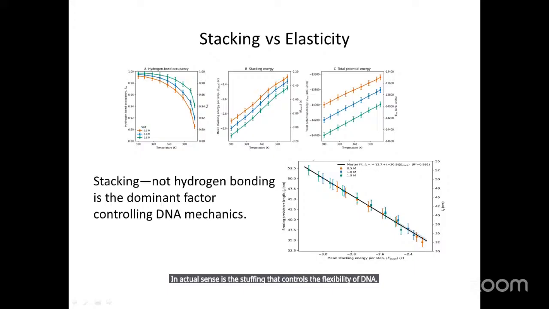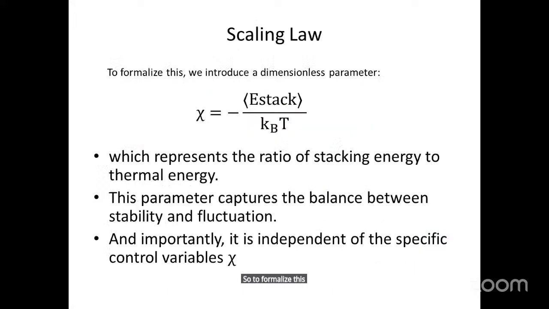So to formalize this, we introduced a dimensionless parameter. As we can see here, chi represents the ratio of stacking energy to thermal energy. So this parameter actually captures the balance between stability and fluctuation.